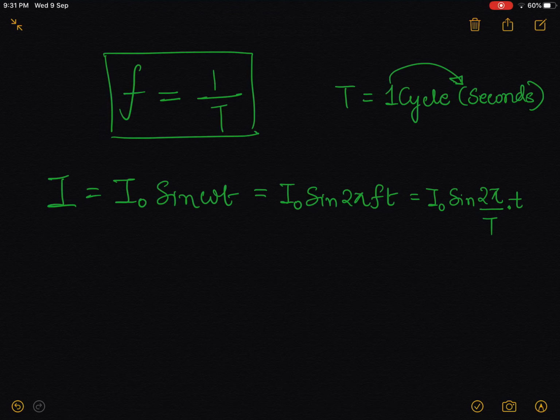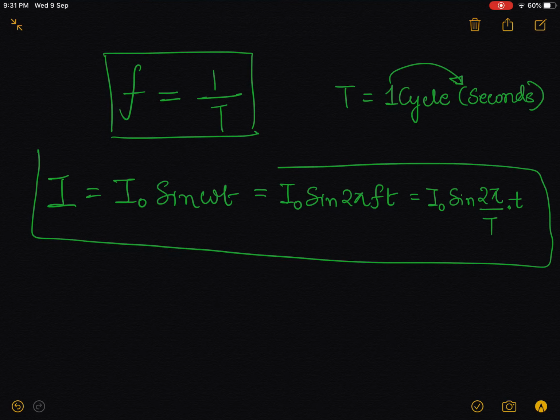So this is how we summarize all the required formulas. I hope this clears a few things for you and you will be comfortable with the meaning of current, alternating, direct, and a few derivations.